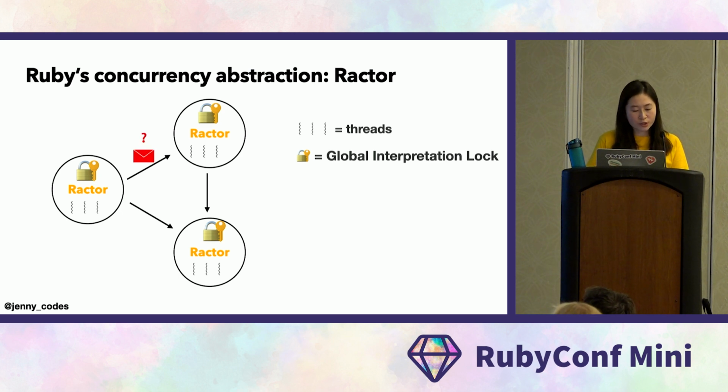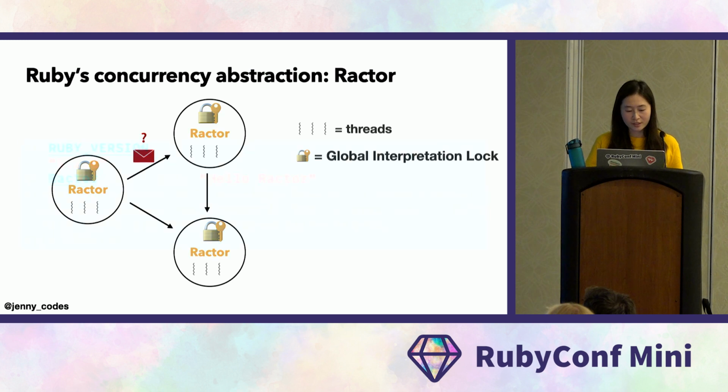A Ractor also doesn't share context with one another. If we want to send an object from one Ractor to another, we need to first make sure that object is immutable. And if the object is not immutable, we will need to either copy the object or move the object before sending it over.